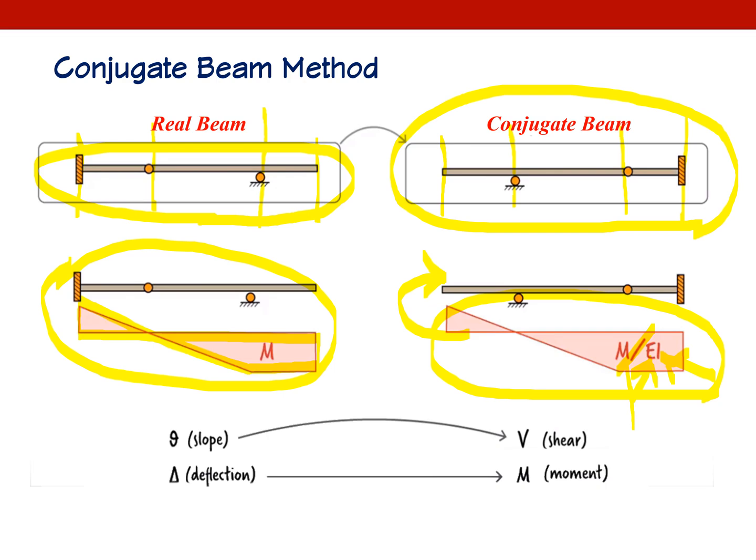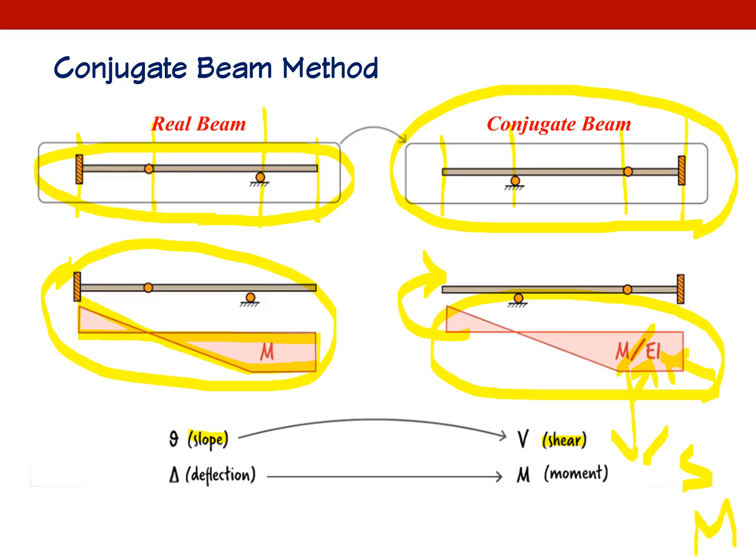Anyway, we are going to apply M over EI as a load to your conjugate beam. And then we are going to calculate shear force and bending moment one more time. Then you are going to see that slope in the real beam is shear force in the conjugate beam when you apply M over EI as if it were load to the conjugate beam.